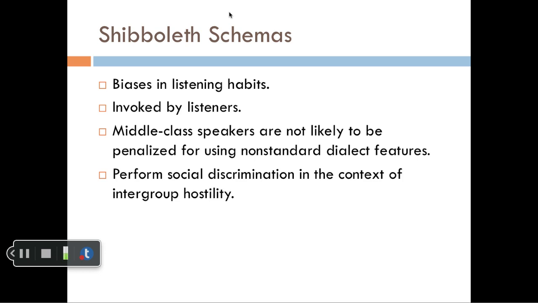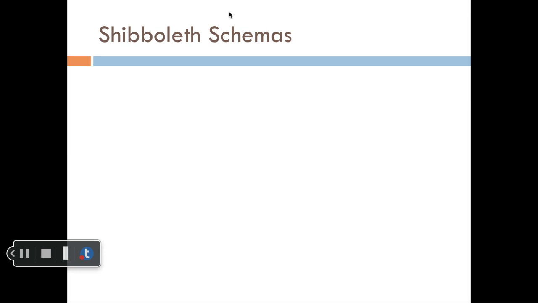So what shibboleth schemas do is they perform social discrimination in the context of intergroup hostility. Fellow middle-class speakers can break the rules and it's okay, but in a situation with intergroup hostility, where one group is listening to another group, that can lead to social discrimination through a perception of somebody as incompetent in their language use.